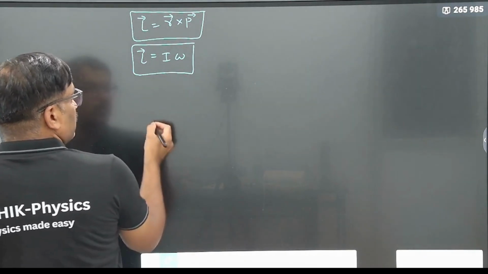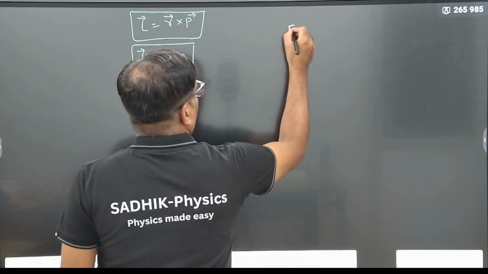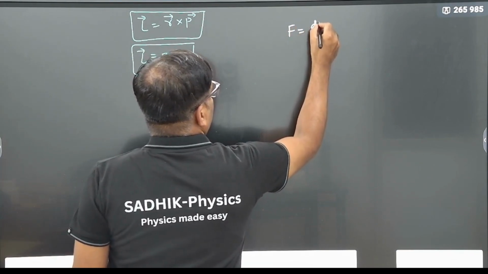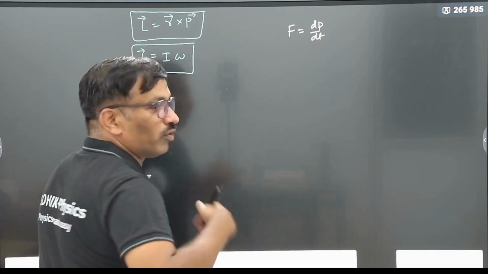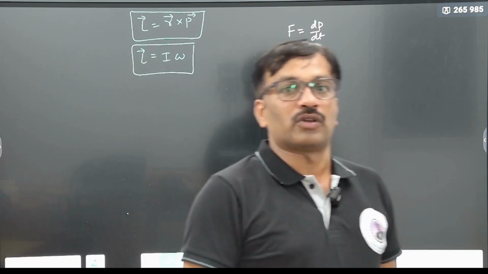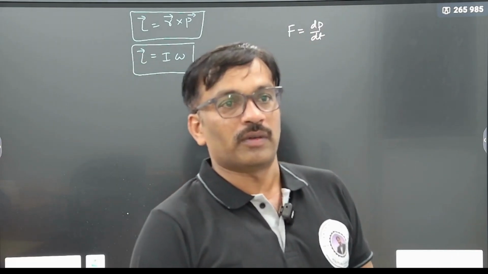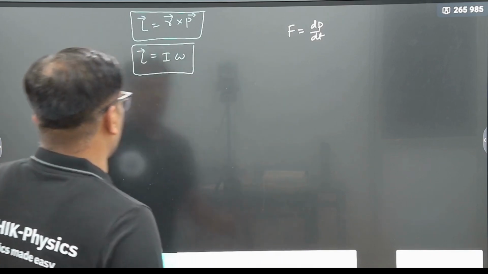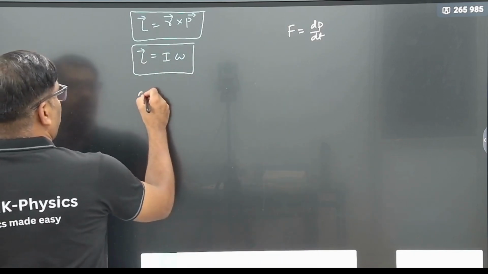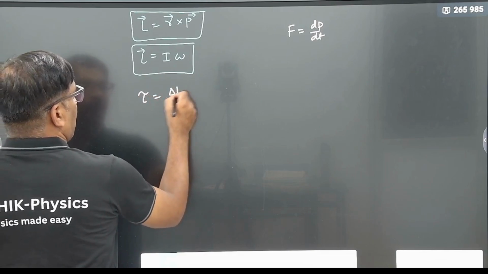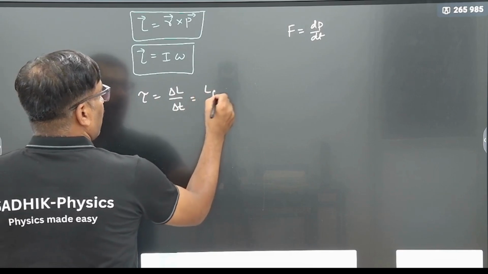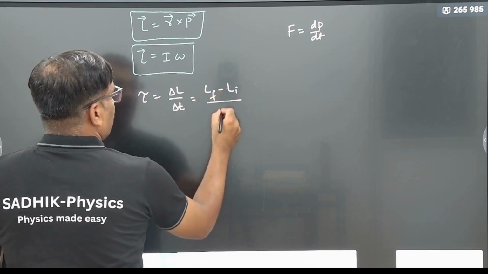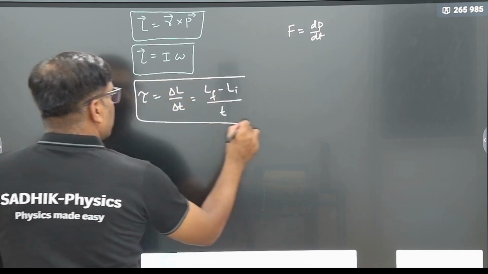We know that force is equal to the rate of change of momentum. Force makes an object move in linear motion, while torque makes it revolve. Therefore torque can also be defined as the change in angular momentum by time: final angular momentum minus initial angular momentum, divided by time.